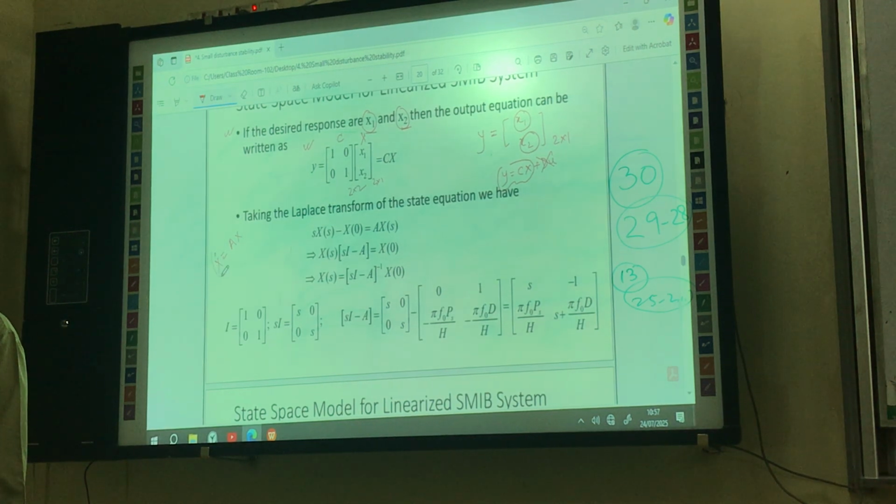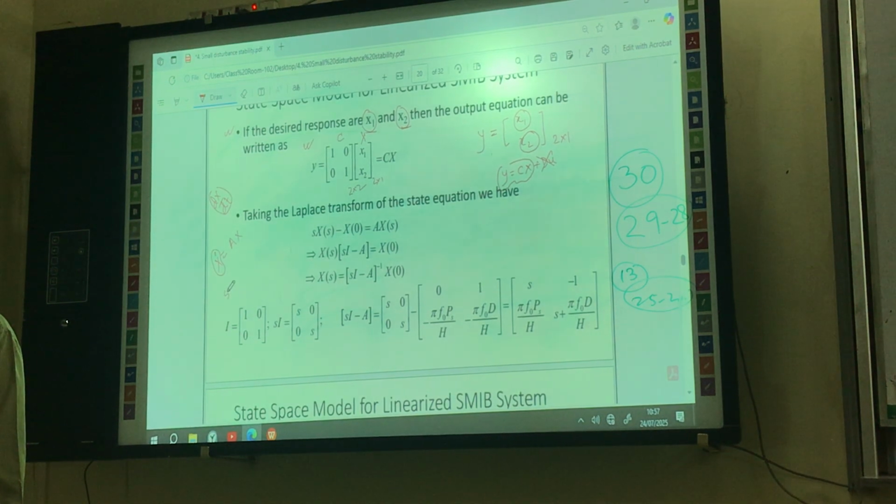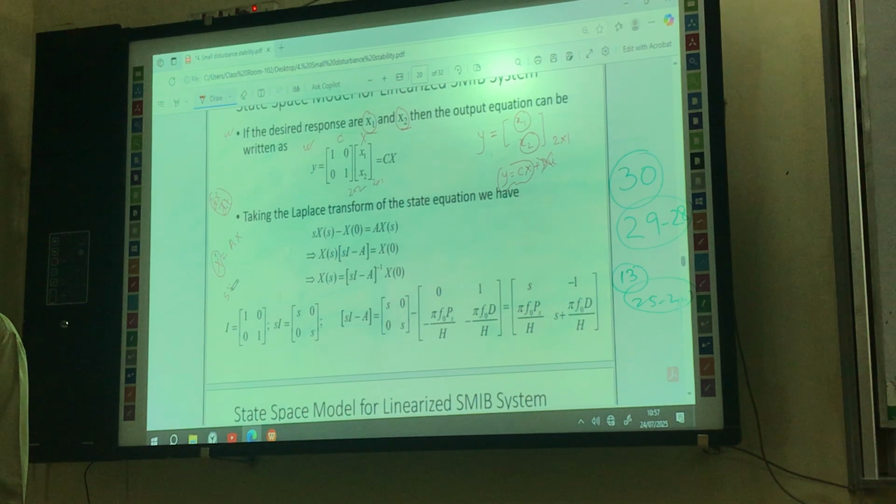The Laplace transform of dx over dt will simply be s multiplied by X of s, because now x is in the frequency domain, the s domain.